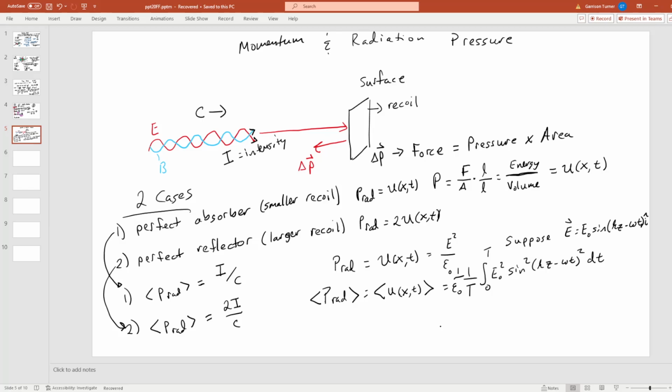So this is the calculation of the time average. Your intensity is related to the square of your electric field. And so the maximum of your electric field comes out, since it's a constant, and the calculation itself gives you 1/2 T.